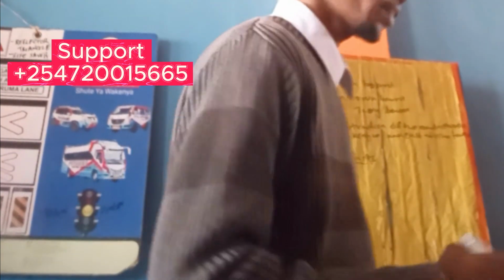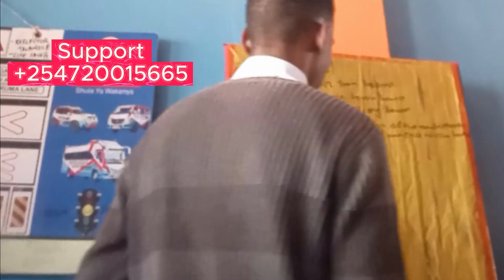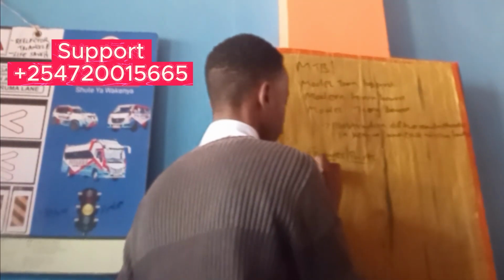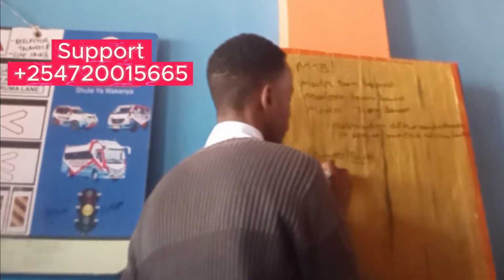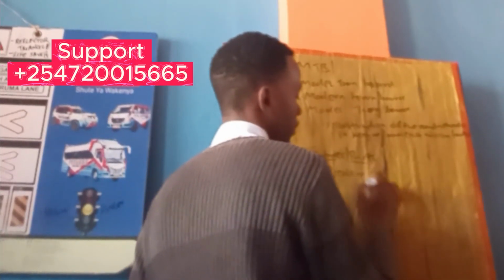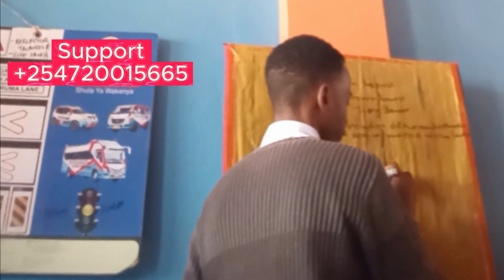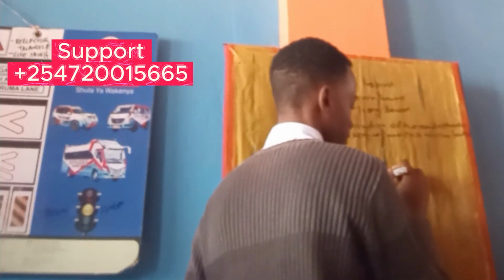Zinapata kwa FTB. So the first thing you find on an FTB, you have what we call the green fields. Zinajulikana pia kama road reserve.